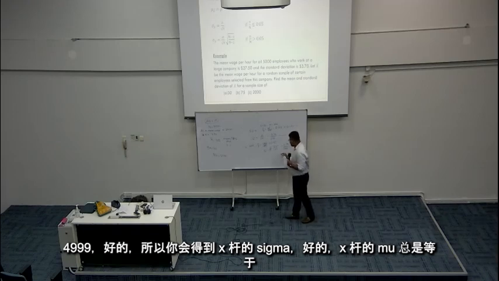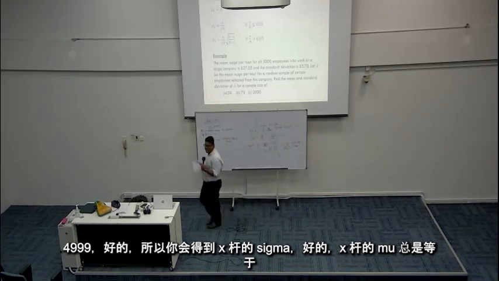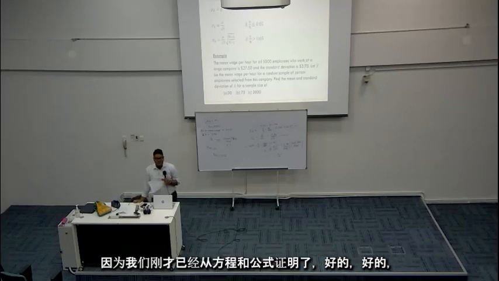So you will get the sigma for x bar. Mu for x bar is always equal to mu, because we already proved it from the equation and the formula just now.